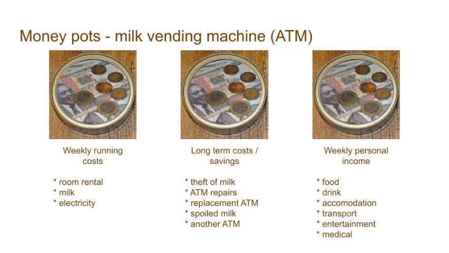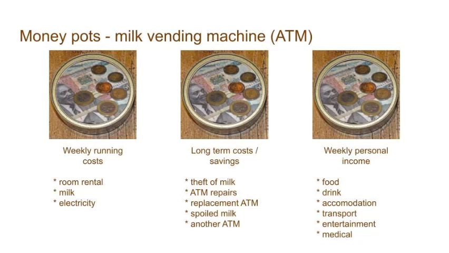In terms of long-term costs and savings, the money that you should put into this money pot every week should be for emergencies, things like theft of milk. It may be that your ATM breaks down, so you need to pay for it to be repaired.